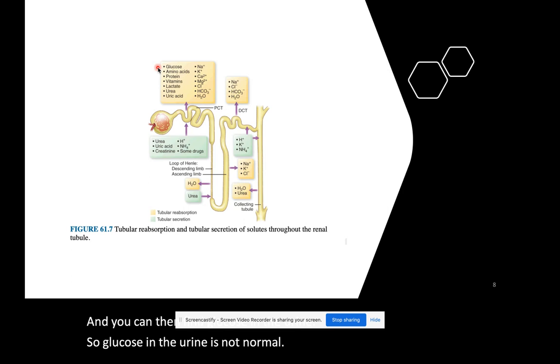Major substances that are secreted are urea, uric acid, and creatinine. That is why with renal function decline, urea and creatinine levels in the blood also will rise.